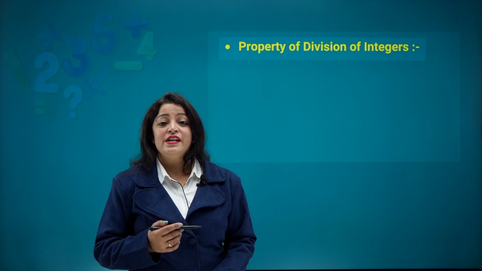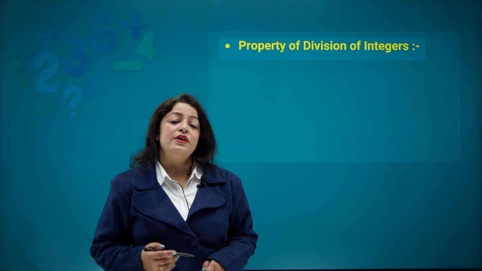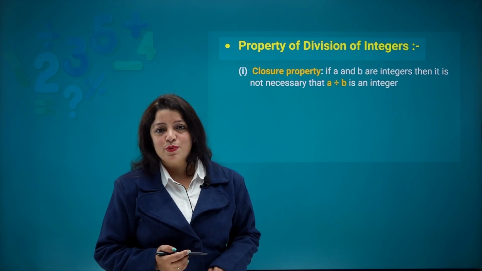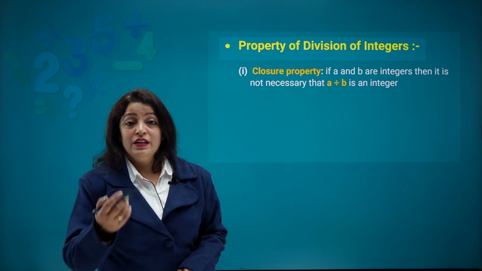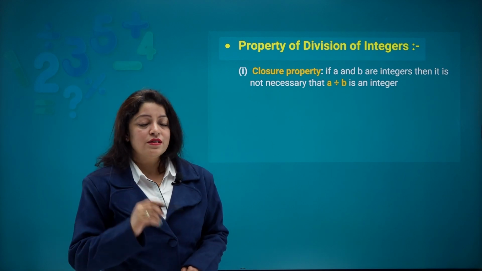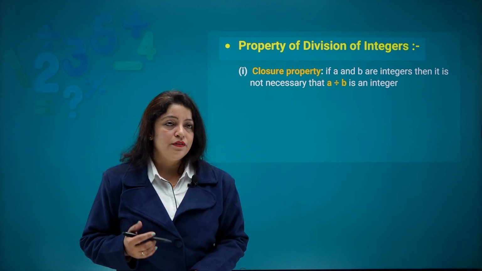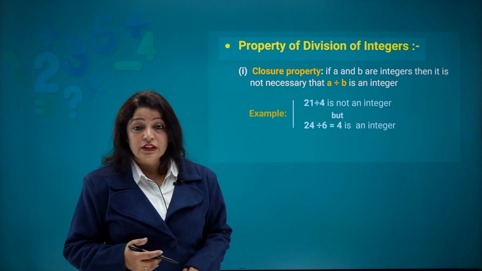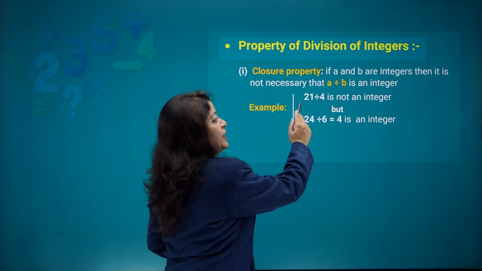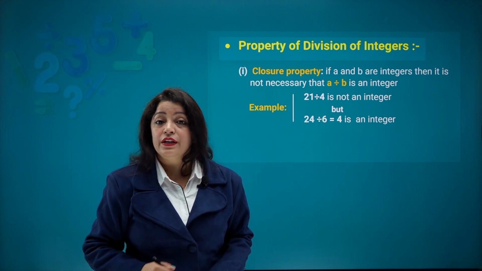Now, the next is the properties of division of integers. As we have done the properties for addition, subtraction and multiplication, we have some properties for division also, very relatable to the previous properties. First, the closure property. If a and b are integers, it is not necessary that a divided by b is also an integer. For example, if I divide 21 by 4, the result is not an integer.